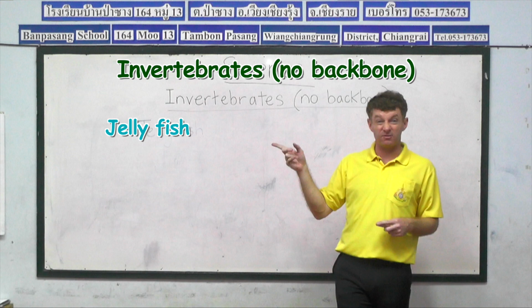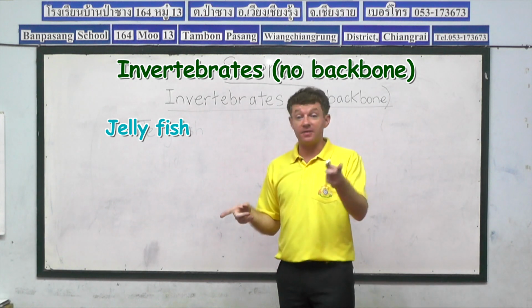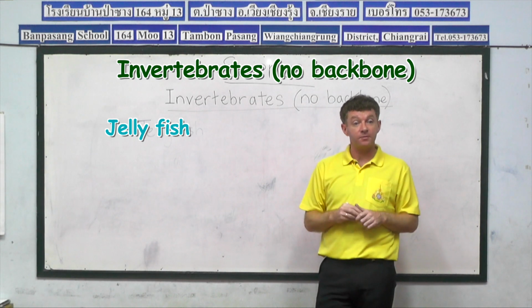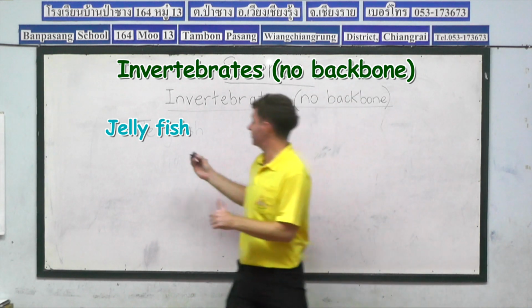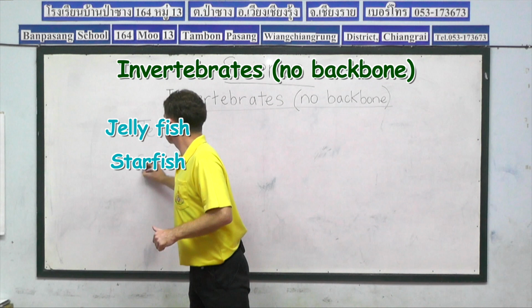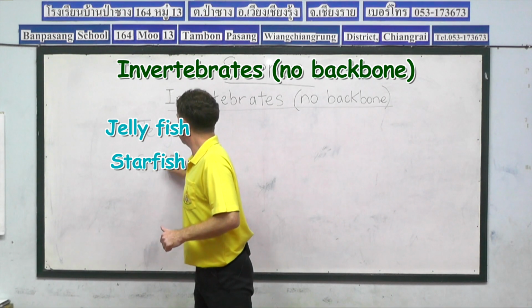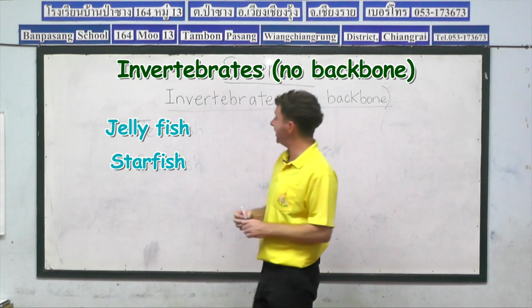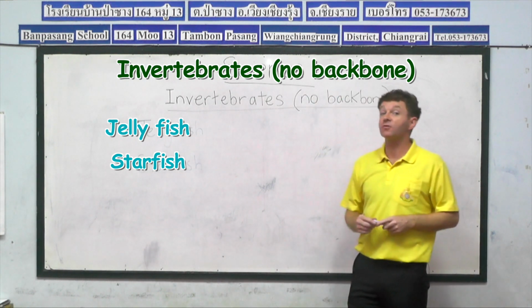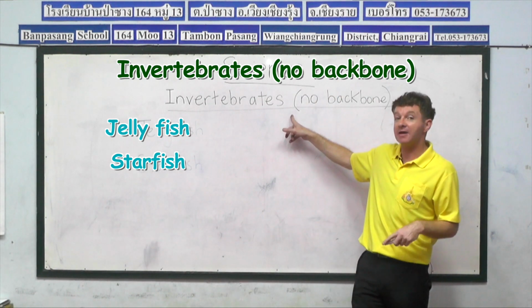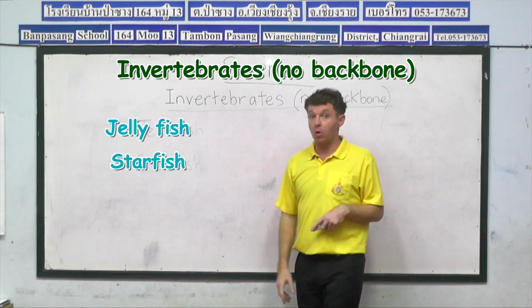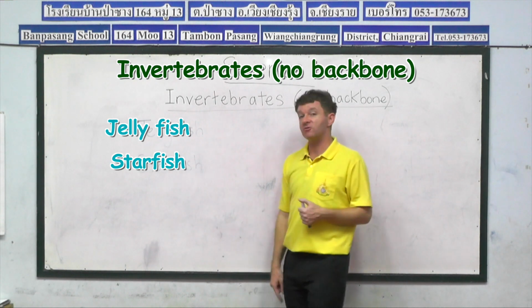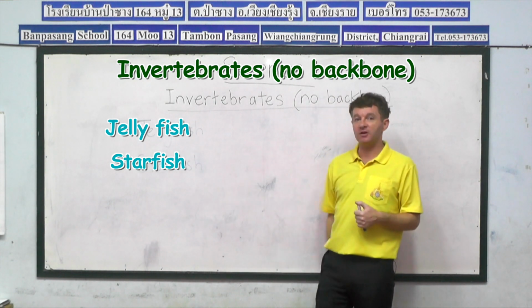Excellent. Jellyfish. And then I heard starfish. Jellyfish and starfish. S-T-A-R-F-I-S-H. You'll find that lots of these animals, invertebrates, live in the water, such as the first two examples we have here. Jellyfish and starfish.